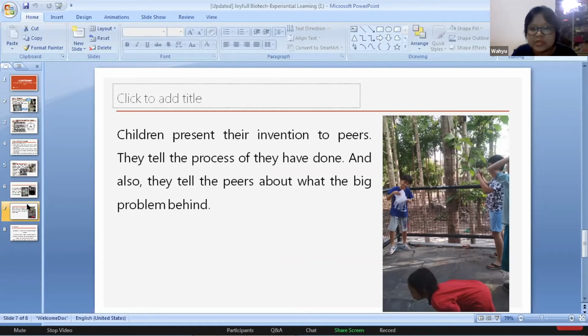They tell the process they have done, and also tell their peers about the big problem behind it.